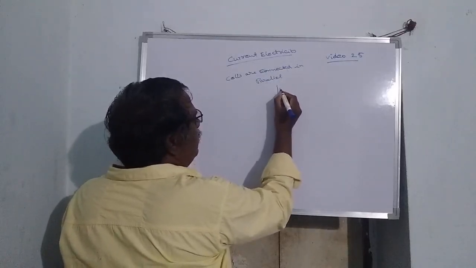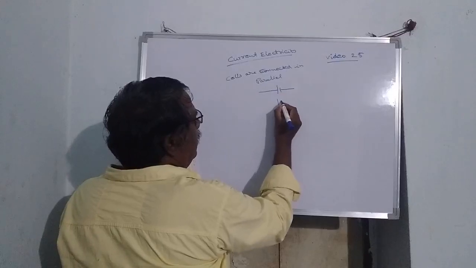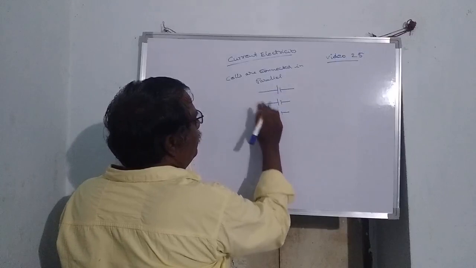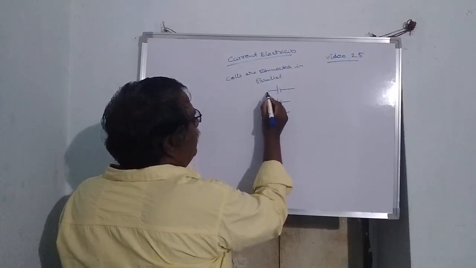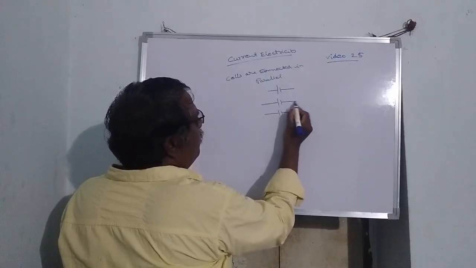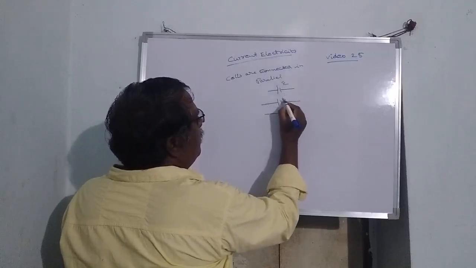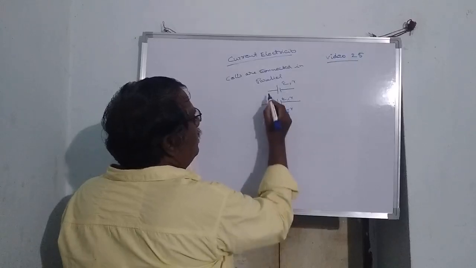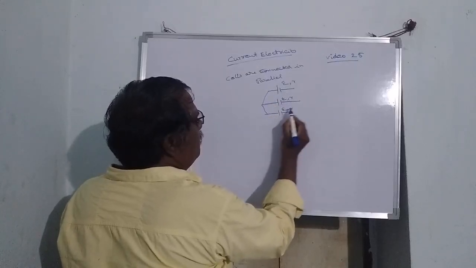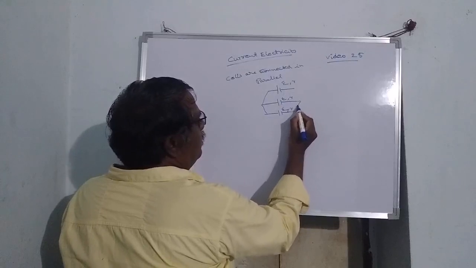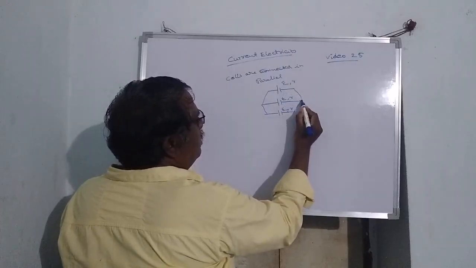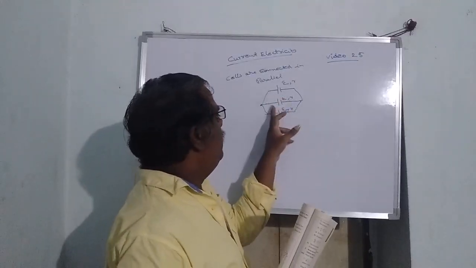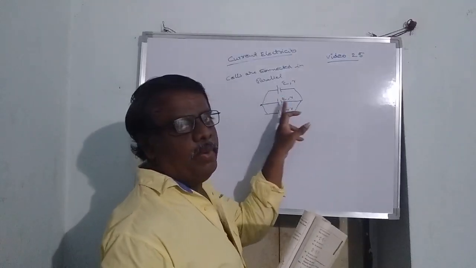Now, cells are connected in parallel. This is one of the cells, another cell, third cell. Let us say the EMF of each cell will be E and internal resistance r. Suppose cells are connected in parallel. All the first ends of the cells are connected to one single common point.